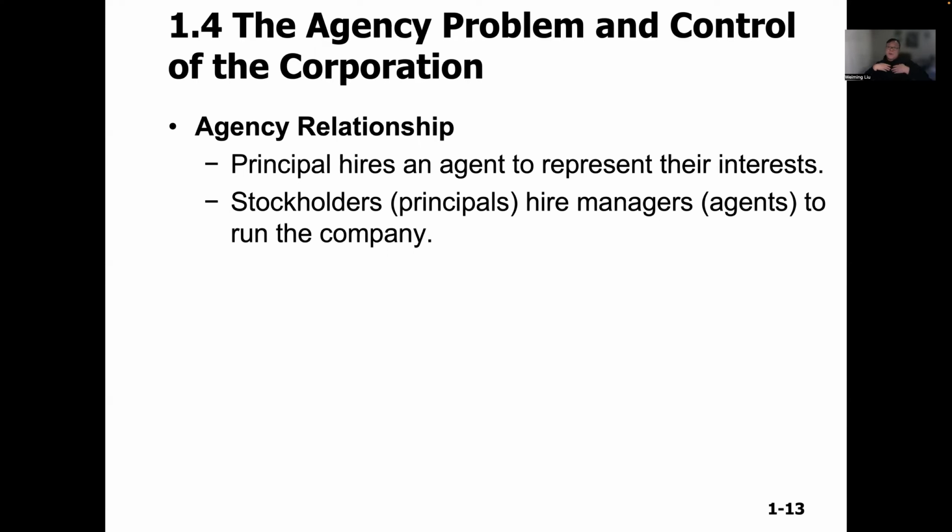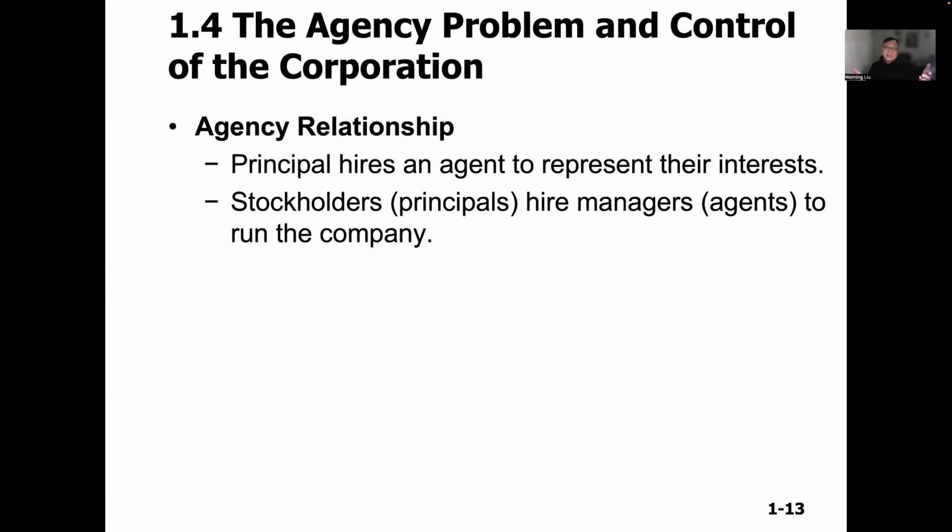So I'm the principal, and I'm going to hire a real estate agent to shop around and find the house. Or, you don't know anything about income tax, so you want to hire me, I'm a CPA, a tax specialist, to help you take care of your T1 returns for 2022.